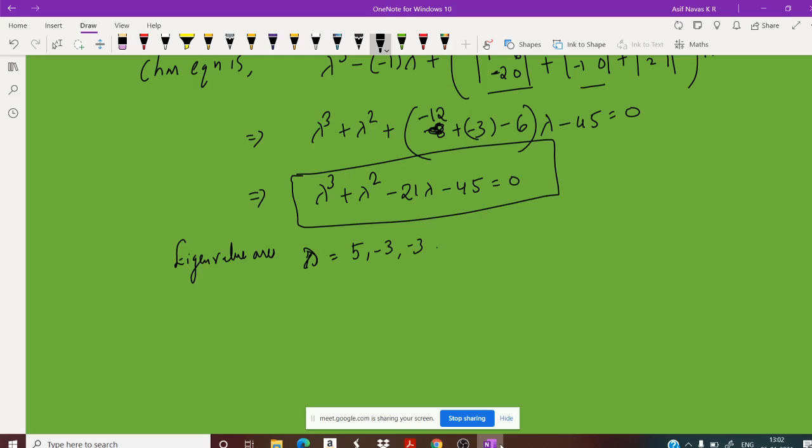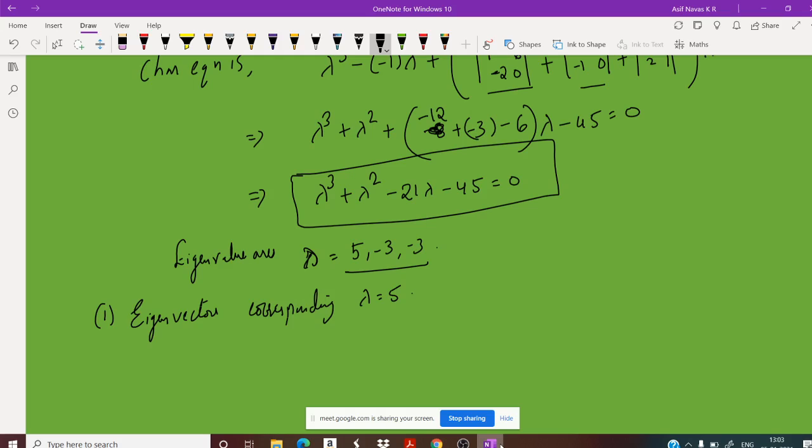So if you have any scientific calculator, go through YouTube and check how to find the roots of a polynomial using this calculator. Okay, so now we want to find the eigenvector corresponding to lambda equal to 5.